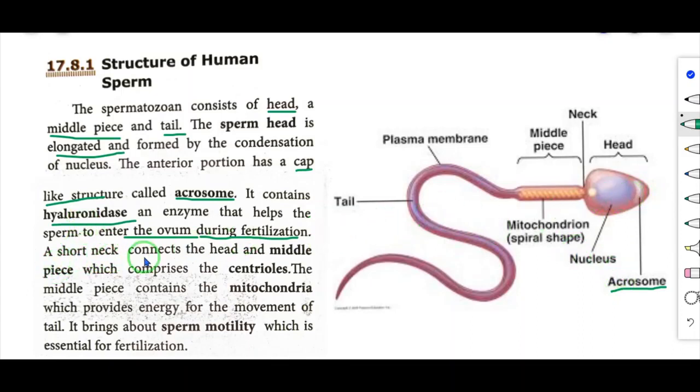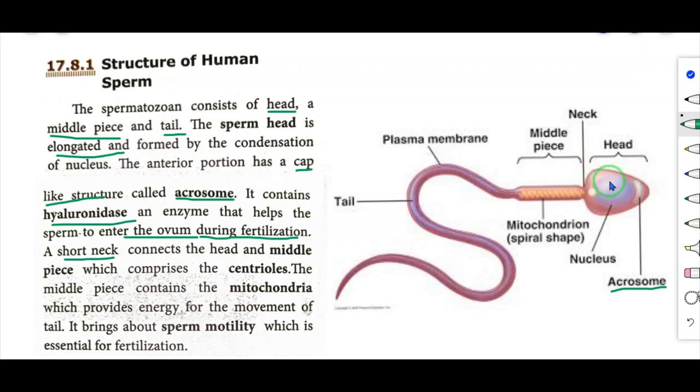A short neck connects the head and middle piece. This is the neck region. Which region connects the middle piece and head region? That is the neck.